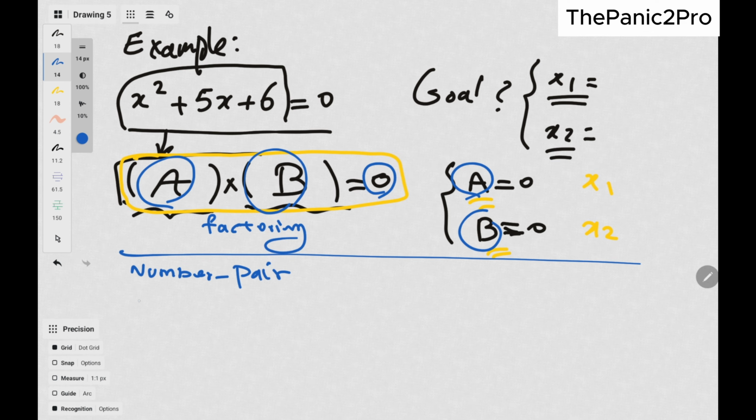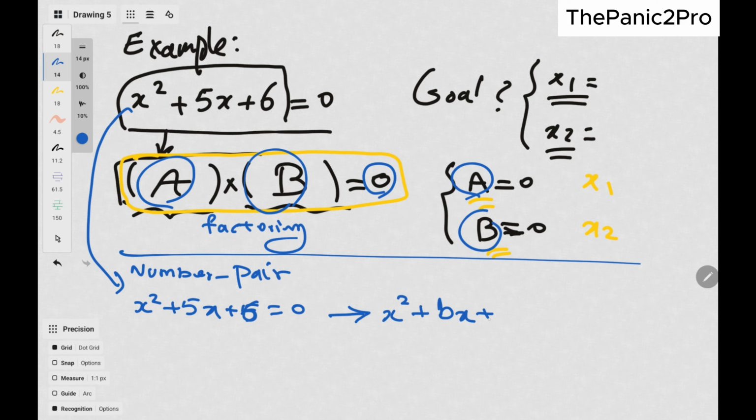In my example, I had x2 plus 5x plus 6 is 0, right? Let me write it down as x2 plus bx plus c equals 0, where b and c are just some numbers, anything. This is the general solution. If I want to transfer this into something like this, I need two numbers.